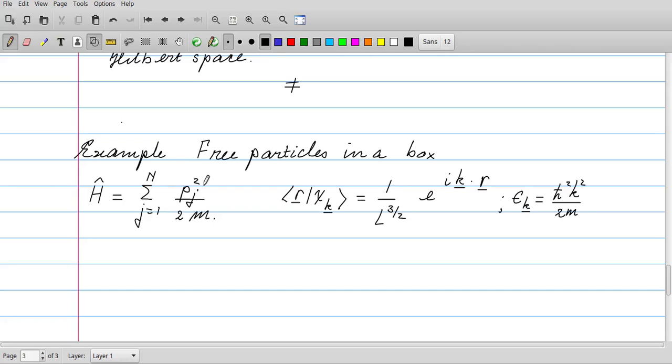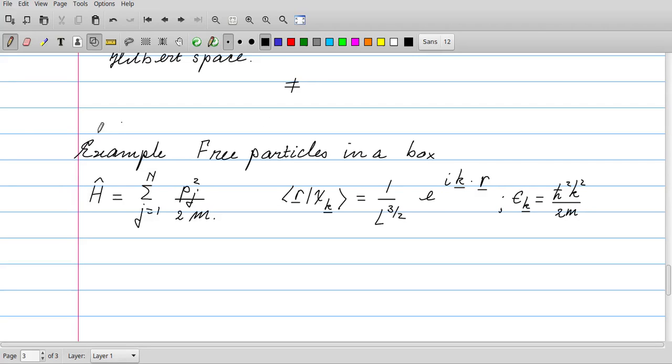This is a free particle kinetic energy, and the eigenstates are just plane waves, and a proper normalization tells me that I should put a factor of 1 over L to the power 3/2 in front. There is also an eigenvalue associated with these states, and that is h-bar squared k squared over 2m. This is elementary quantum mechanics, so I assume that this is not really a problem.